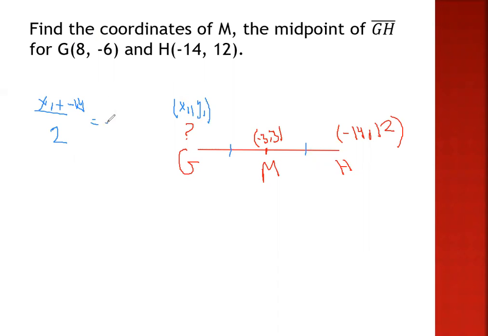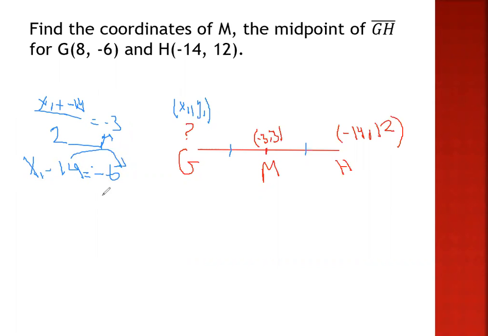Negative 3. Negative 3, right? Yes, I agree with you 100%. Then you are going to make cross multiplication. So it will be 2 times negative 3, equal X1 minus 14. This is what you mean, Ahmed? Yes. It will be equal negative 6, and then you will transfer this one to the opposite side.